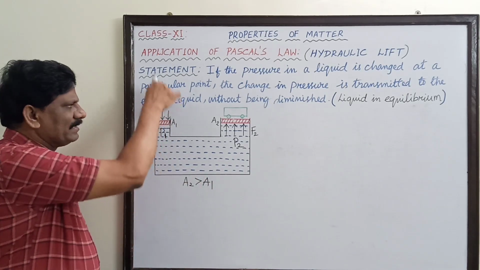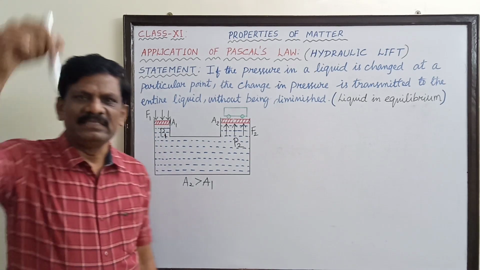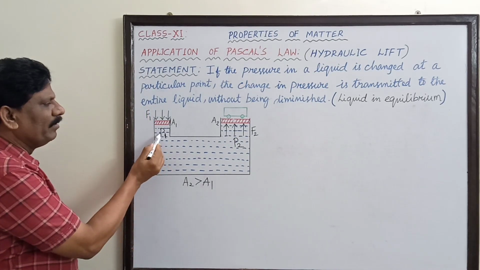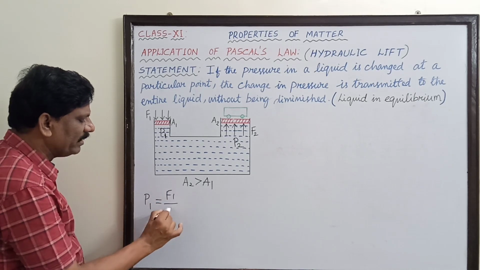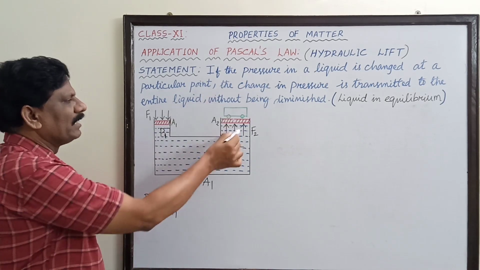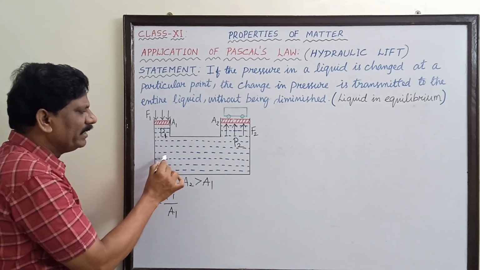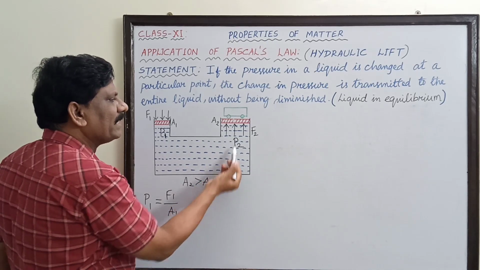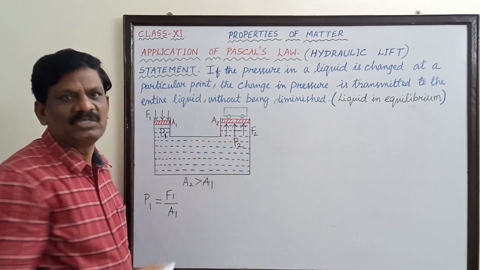Now if I press the piston on the left side with the force F1, the pressure P1 will be exerted on the piston, and that pressure P1 must be equal to F1 divided by A1. Similarly, this pressure P1 caused on the left side will be transmitted uniformly throughout the liquid, and it will be exerted in the upward direction on the piston of cross section A2.